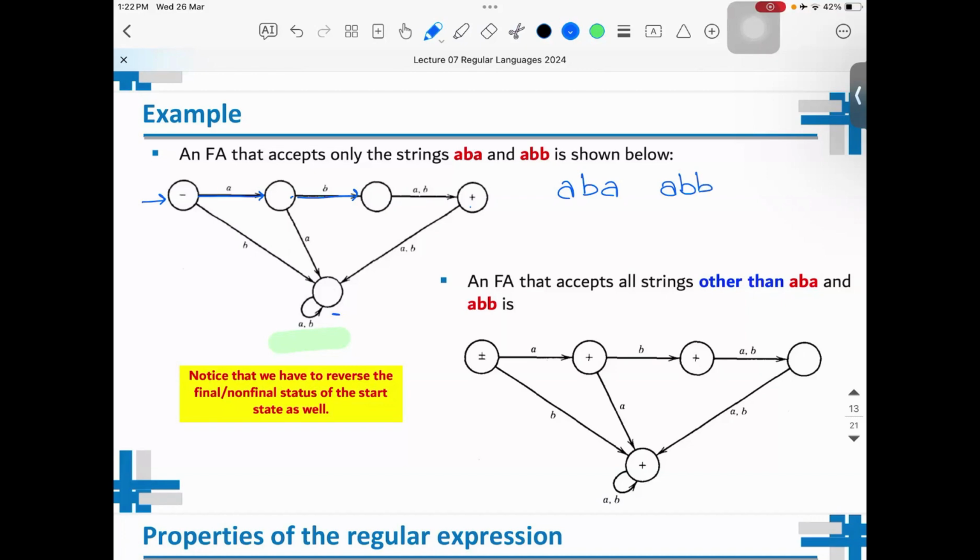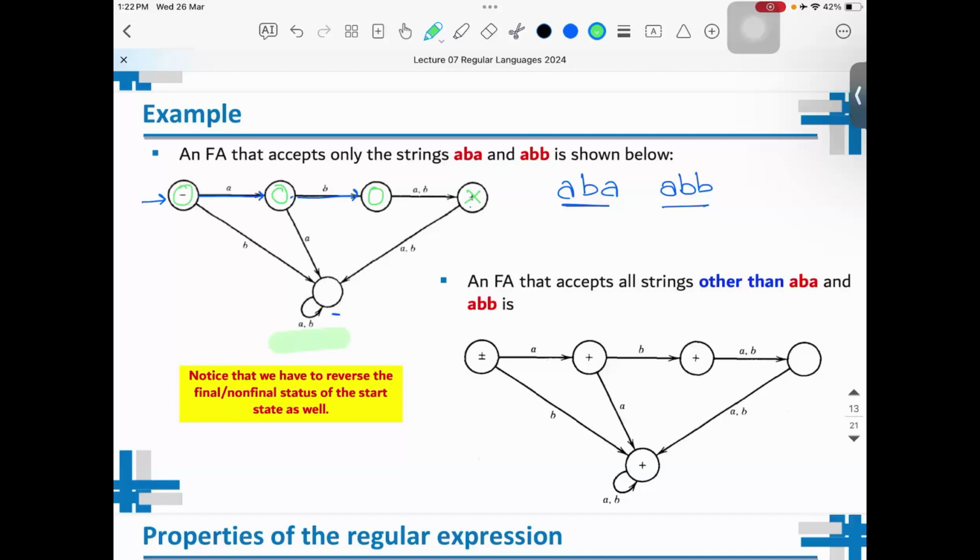Okay. Now, if I need to take the complement, it will accept all the words except these two. But as per the algorithm, how can we do it? Whatever is the final state, make it non-final. So this will be the non-final state, and this will be my final states.